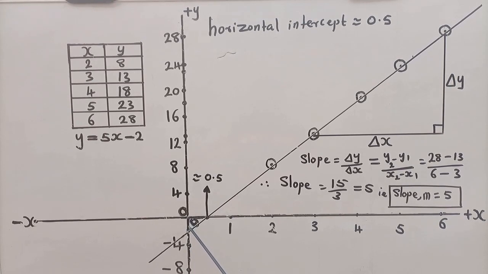If from here to here is 4, and from here to here is half, what it means is that from here to here is half of this 4. What is half of 4? It is 2. Therefore, this intercept is 2, not just 2, minus 2.